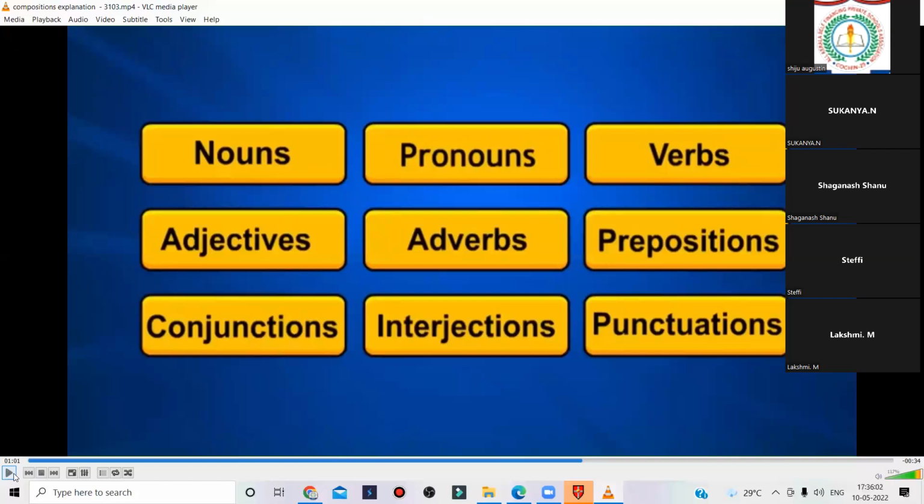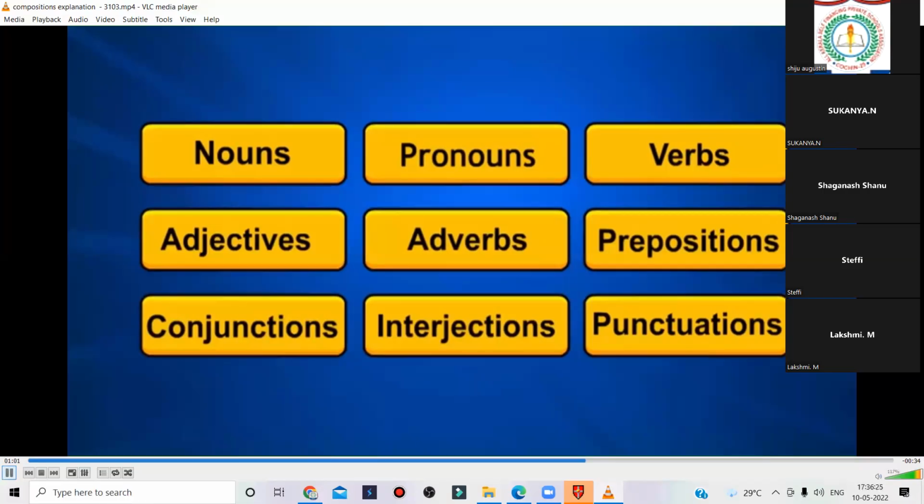Conjunctions join the sentences. Interjections are used for adding in between the sentence or in between the phrases. Then punctuations. Now it is clear, but you need not go deep into it, just for the sake of information.